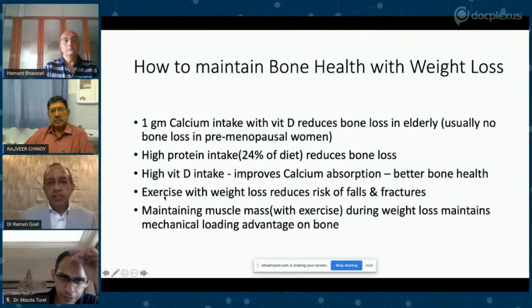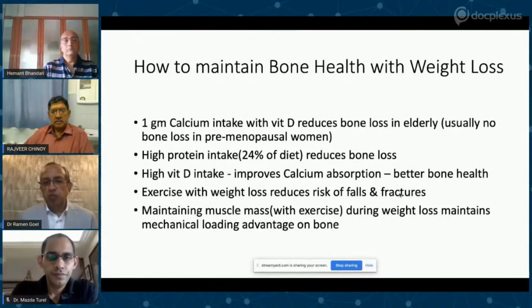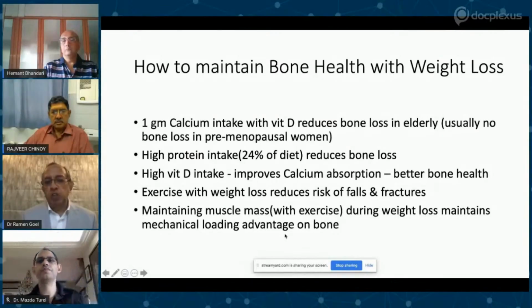And if they are exercising, and we have discussed exercise, with weight loss, it reduces risk of falls and fracture because it improves the balance of the person, and it gives strength to the bones. So maintaining muscle mass with exercise during weight loss maintains loading advantage on bone.